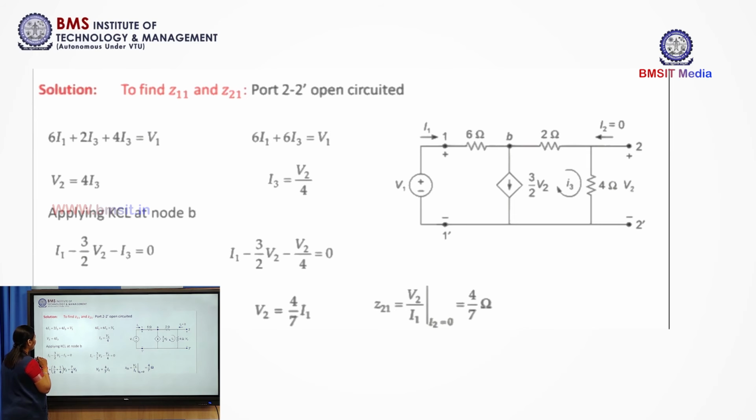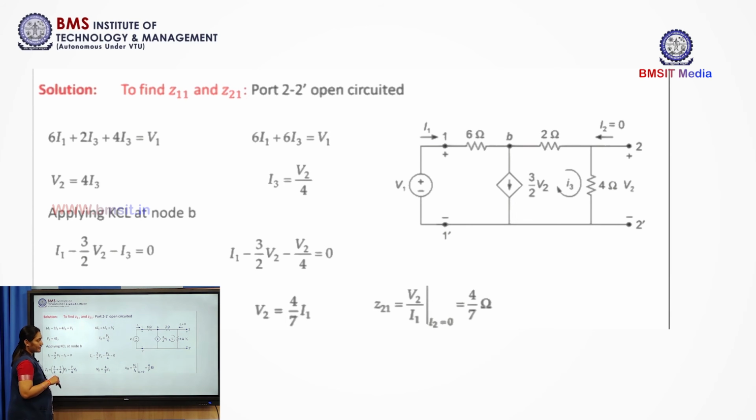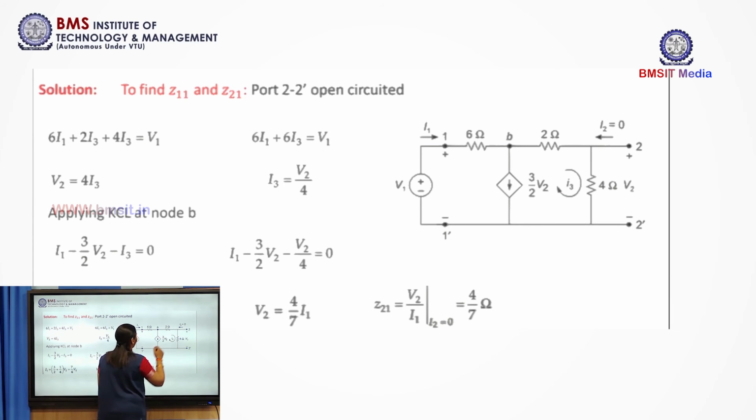Similarly, the voltage across the 4 ohms is nothing but V2, which is equal to 4 into I3, because I3 is the current flowing through the 4 ohms. So the open circuit voltage equals the voltage across the 4 ohms, which is 4 into I3.